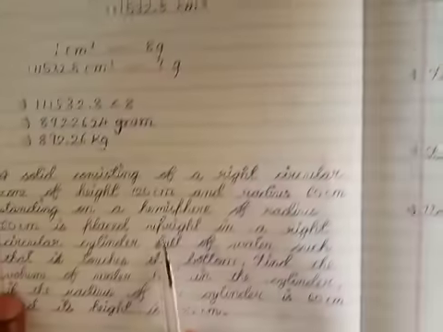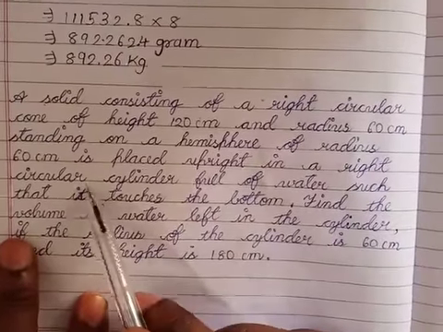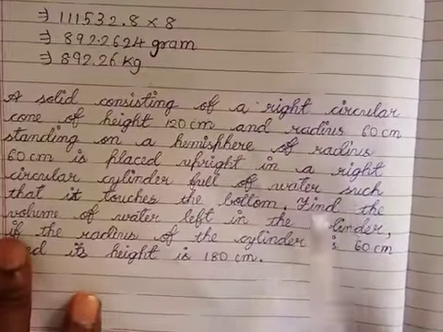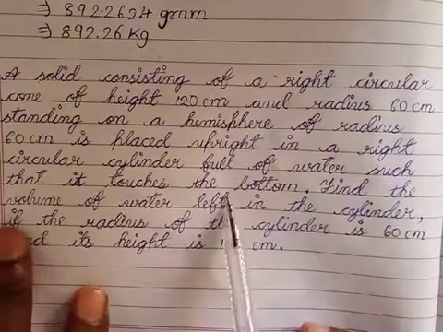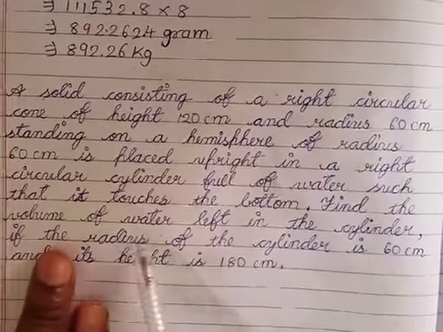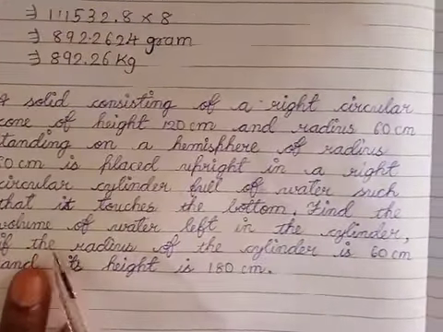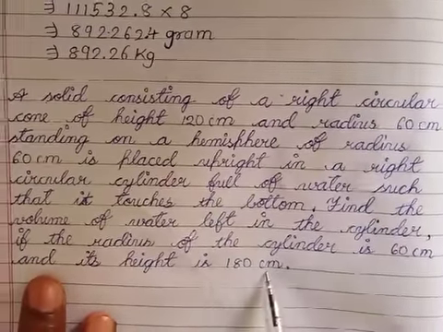It is placed upright in a right circular cylinder full of water such that it touches the bottom. What it means? The spherical part touches the bottom. Find the volume of water left in the cylinder if the radius of the cylinder is 60 cm and its height is 180 cm.